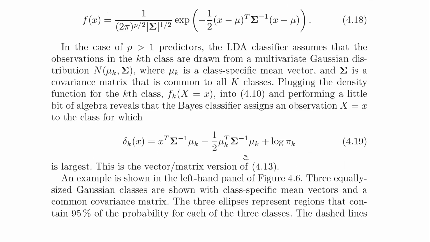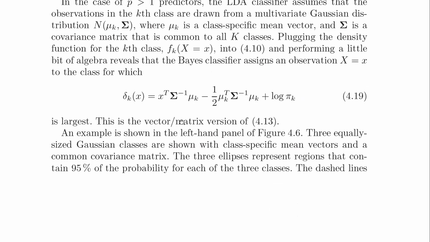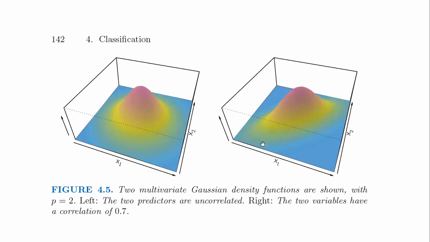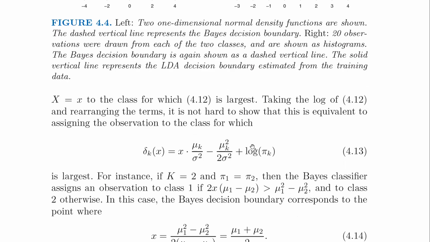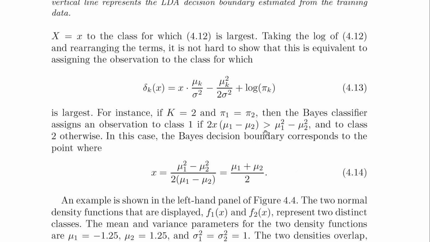Really, the only difference in calculation is the mu k's will be different, that's the mean, and the pi k's will be different. This is the vector matrix version of 4.13, 4.13 being this one over here.